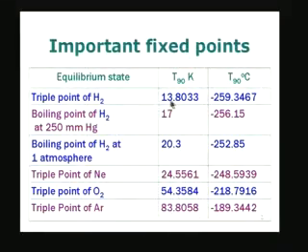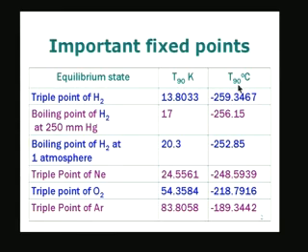For doing this, we require a certain number of subsidiary or secondary fixed points, and those fixed points are given in the tables which you see now. The fixed points correspond to equilibrium states, and the subscript 90 here, for example, T subscript 90 Kelvin, means that this temperature which is assigned in this table is according to the International Temperature Scale 1990.